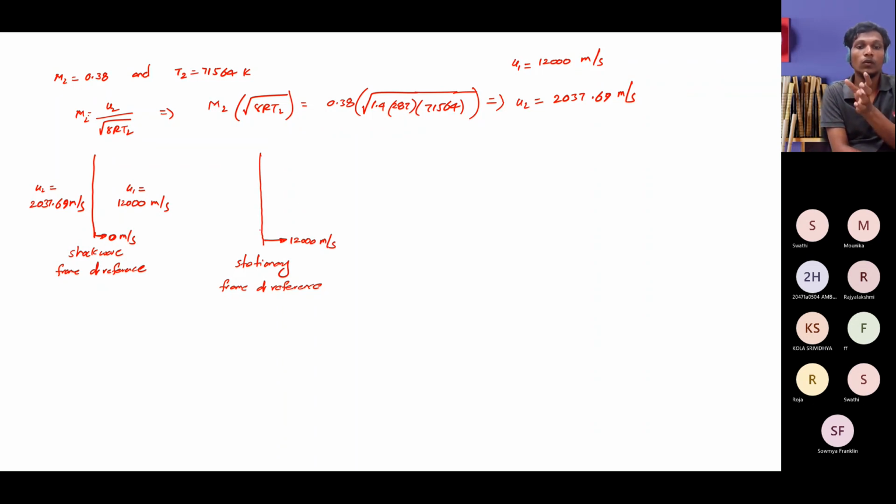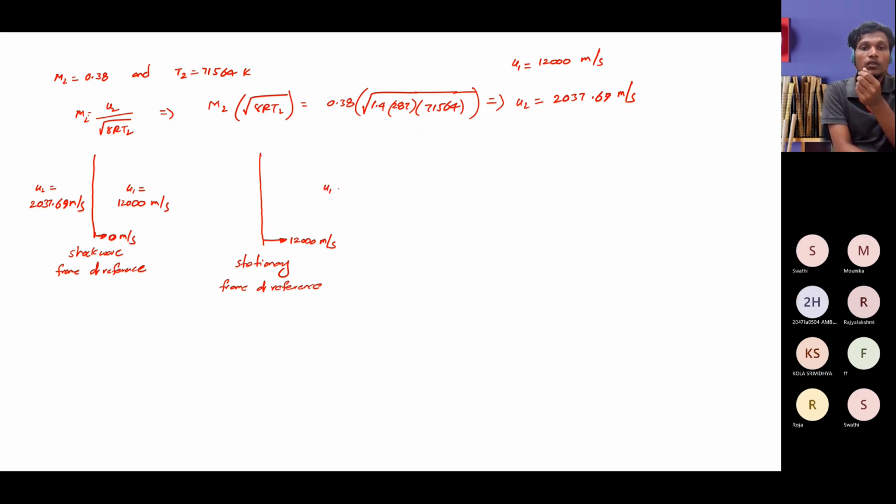That means if the shock wave acquires the velocity of 12,000 meters per second, our u1 should equal 0, because we are subtracting the 12,000 meters per second from all the velocities in the shock wave frame of reference to change it to the stationary frame of reference.